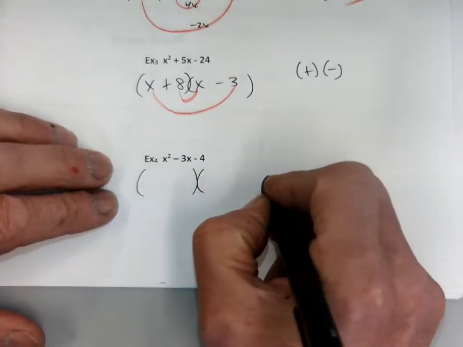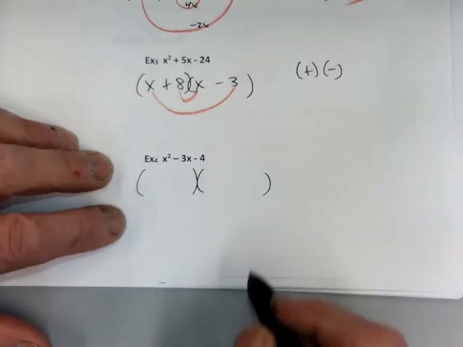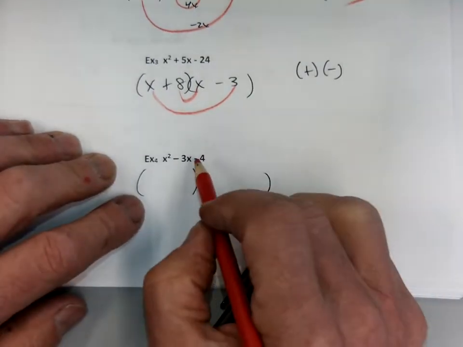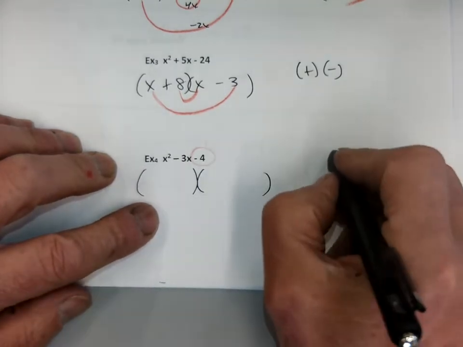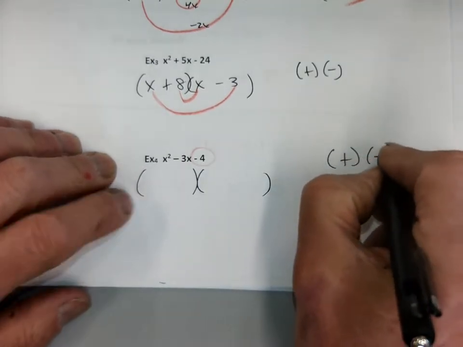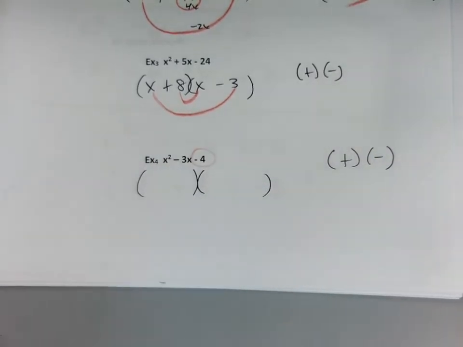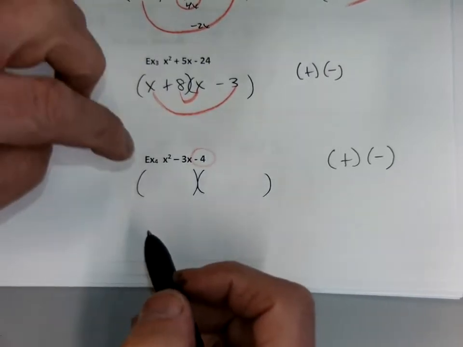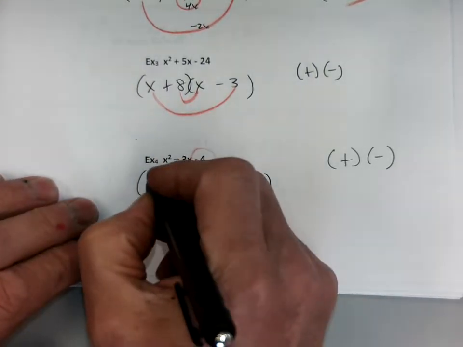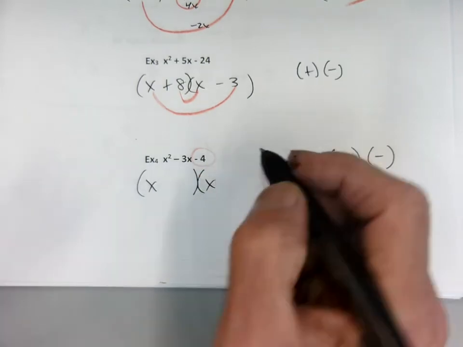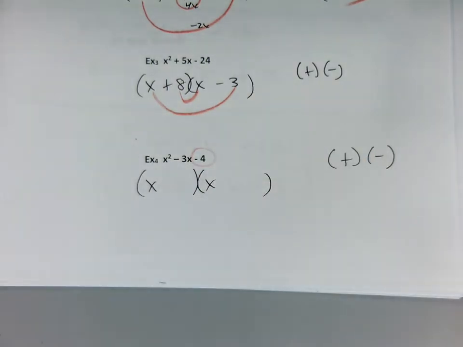Start here. I do know with my negative 4, I've got to do a positive and negative, right? Well, to make my x squared, I've got to have an x and an x, right? Anybody have an answer for me yet?